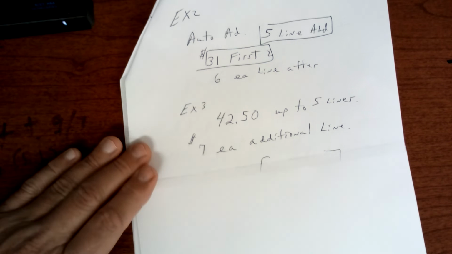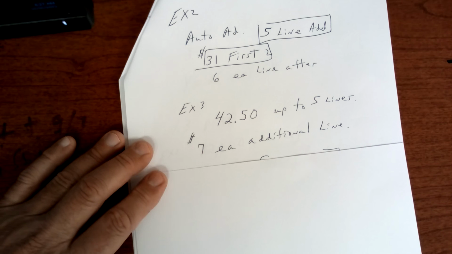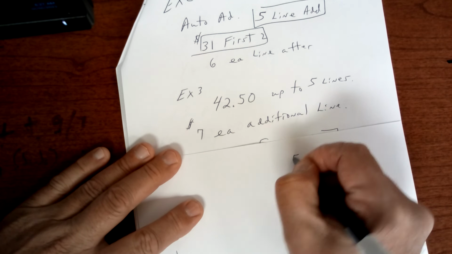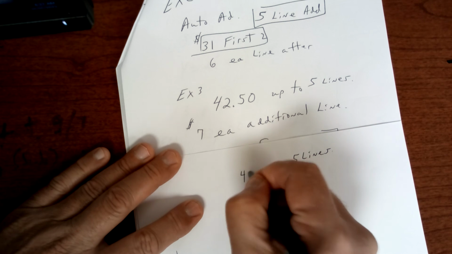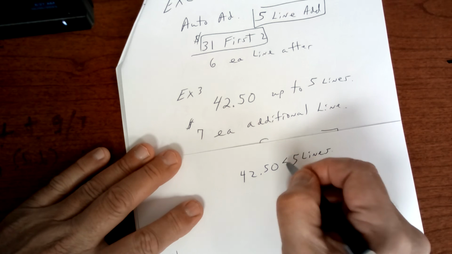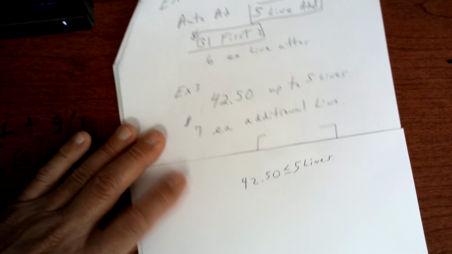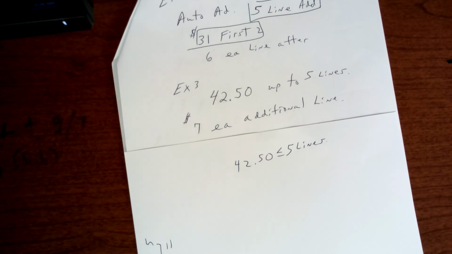Let's take a look at example 3. All right, so if you just do up to 5 lines, it's going to be $42.50. Okay, so it's less than or equal to 5 lines. However, if you do more, it's $7 additional. So let's say you do 5 lines.